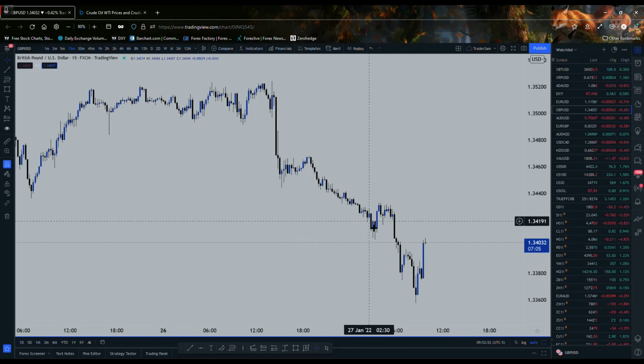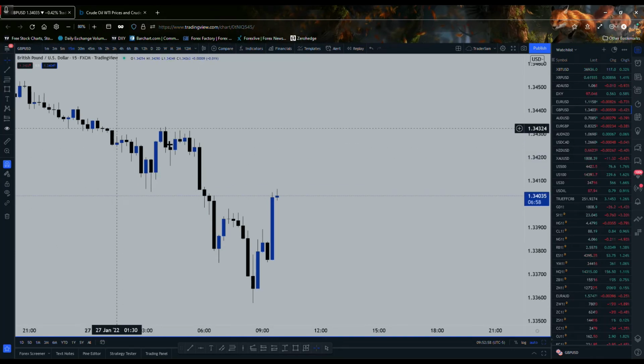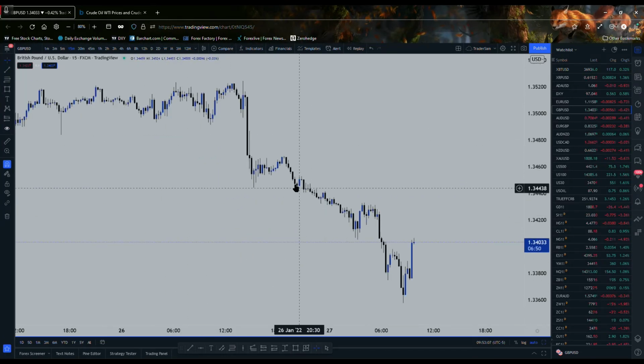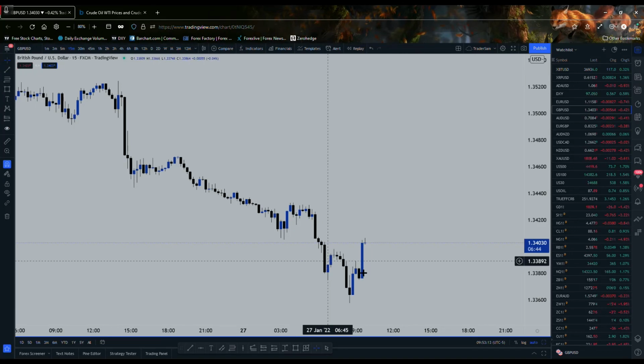And then I made a swing high into this fair value gap at 3 in the morning. I don't trade London, so I obviously didn't do that. And then New York came, just kept making lows, and I wasn't sure.